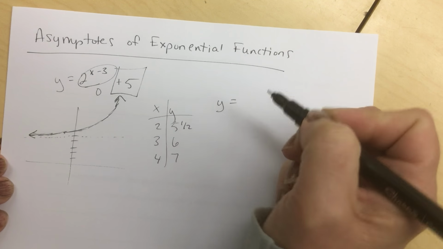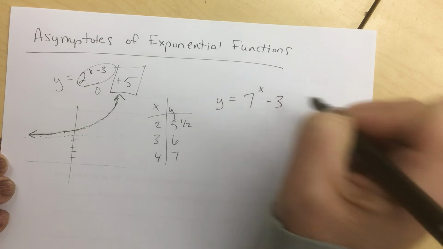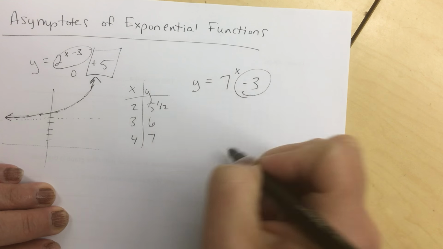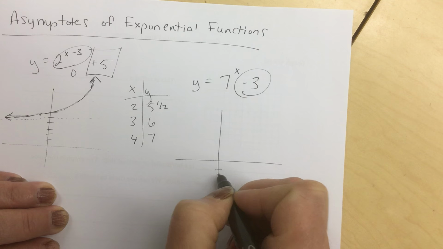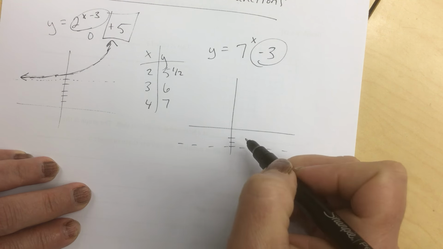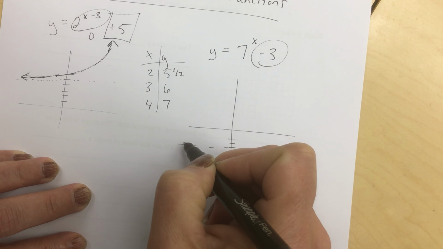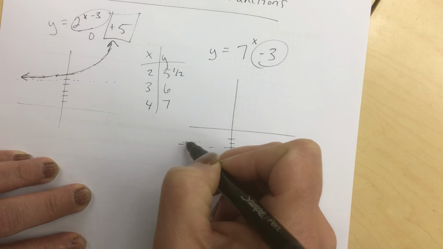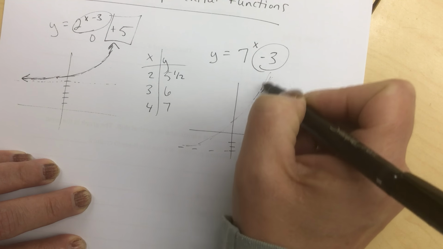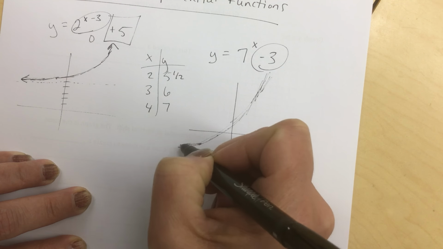So if you would have y equals 7 to the x minus 3, this is your asymptote. So 1, 2, 3, you draw a dotted line, and you would have something that would look like this. It would be really steep, and it would level off.